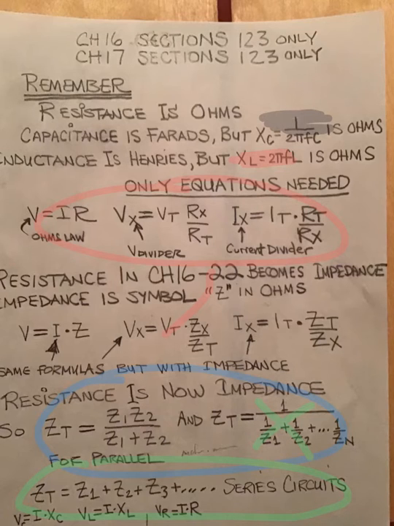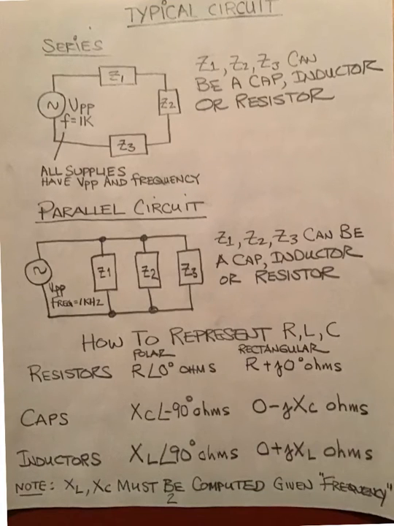So you will need these equations. I would warn you against trying to read too much into what the book is showing you in sections 1, 2, and 3, and try to go with these equations and solve 1, 2, and 3 equations very similar to the way that you learned series and parallel circuits in the 5th and 6th chapters.